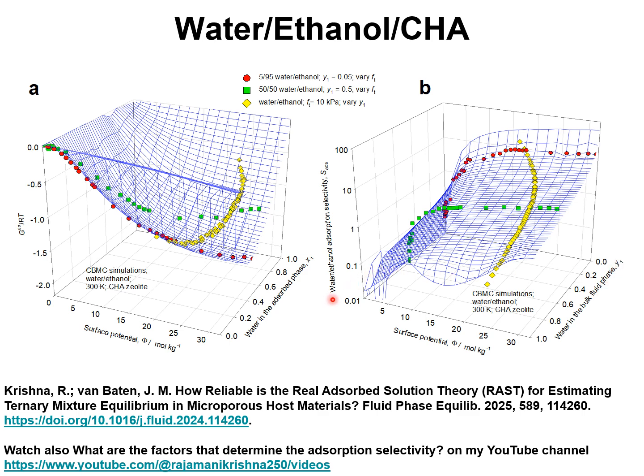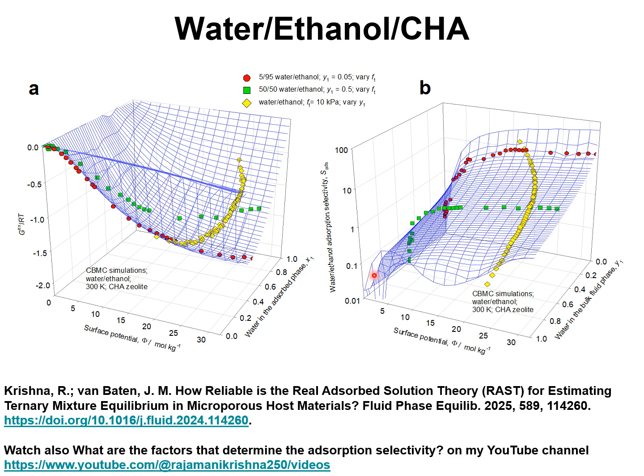We see that the entire CBMC data set for the adsorption selectivity lies on a 3D surface mesh in which the activity coefficients have been fitted with the NRTL model to describe deviations from the ideal adsorbed solution theory.